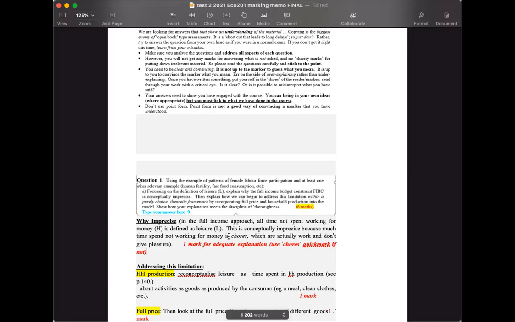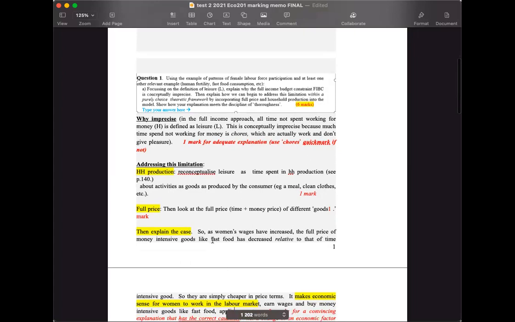An example that was used here, chores, which is I think an easy example in contrast to others, but yeah, that's the one you use. So you define what leisure is first, and then you talk about conceptual imprecision, you know?